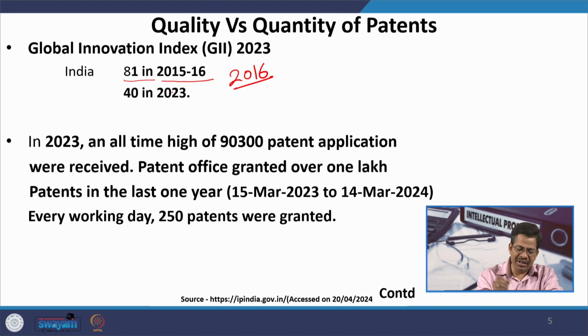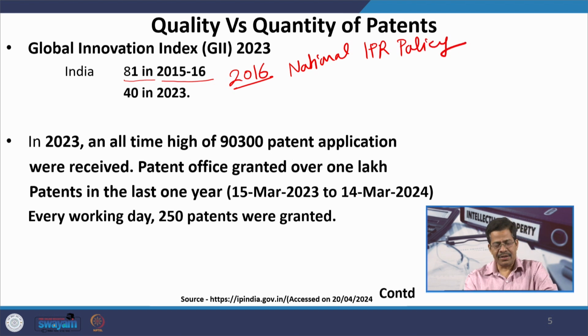Why are we giving this data for 15-16? Because till that time India did not have any IPR policy. The 2016 National IPR Policy was adopted by the Government of India, and then continuous efforts are there to improve the IP system in our country.